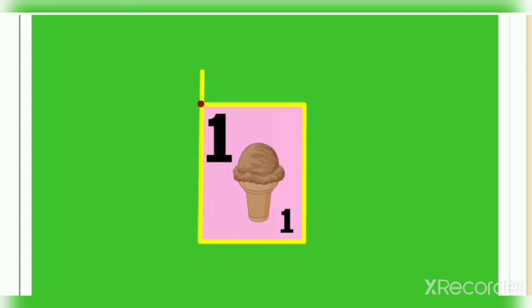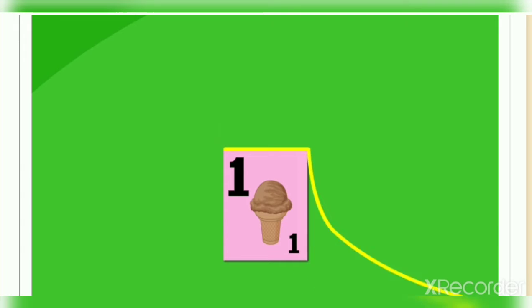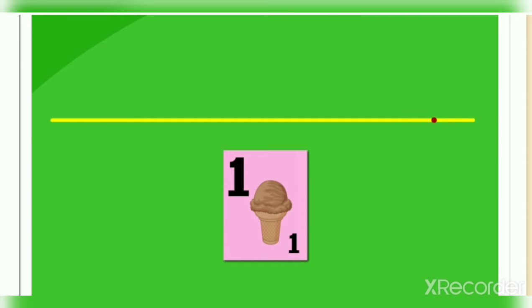Take off the thread from the flashcard and stretch it on the table. Cut the remaining thread with the help of scissors. Measure the length of the thread by using a measuring scale.